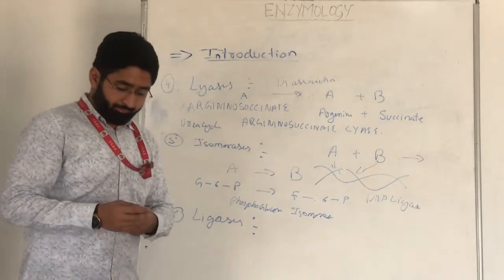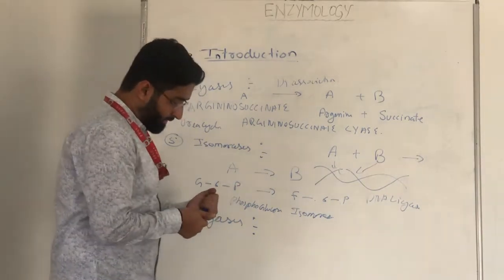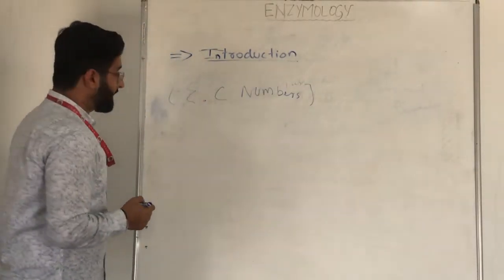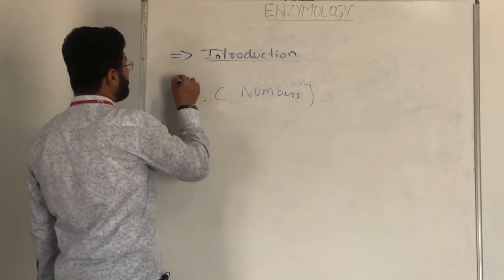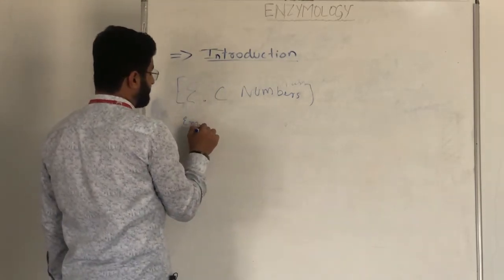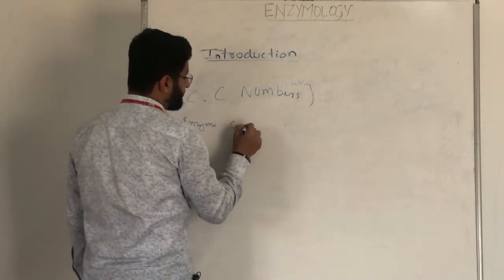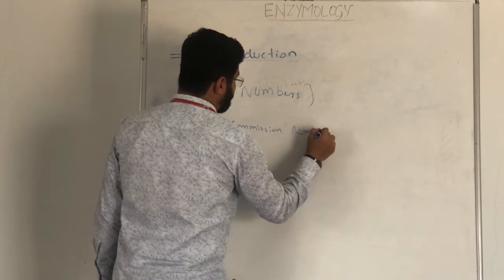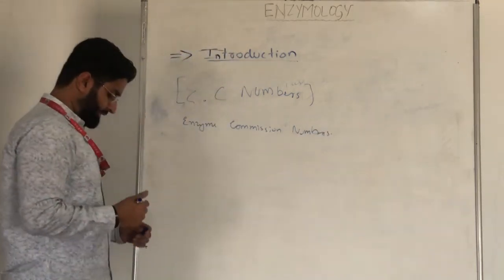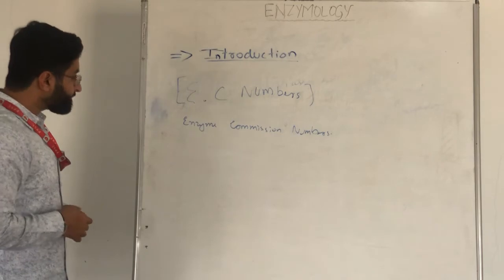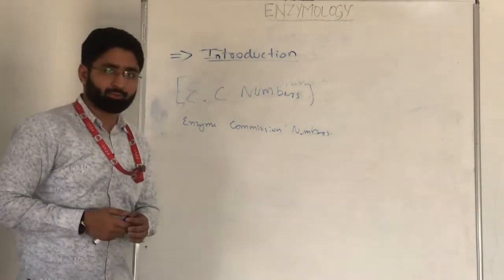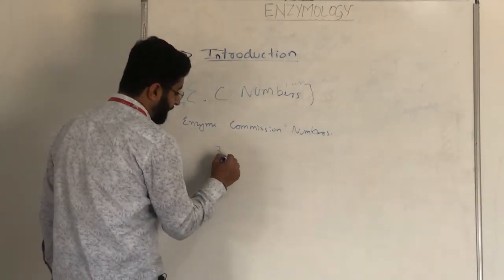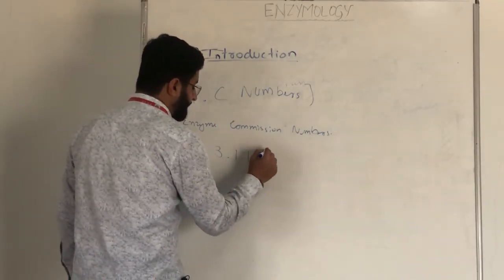So apart from this, we forgot to mention what EC numbers actually are. EC numbers refers to enzyme commission numbers. They are nothing but a specific number given to particular enzymes, right? They look like this, for example 3.1.1.1.